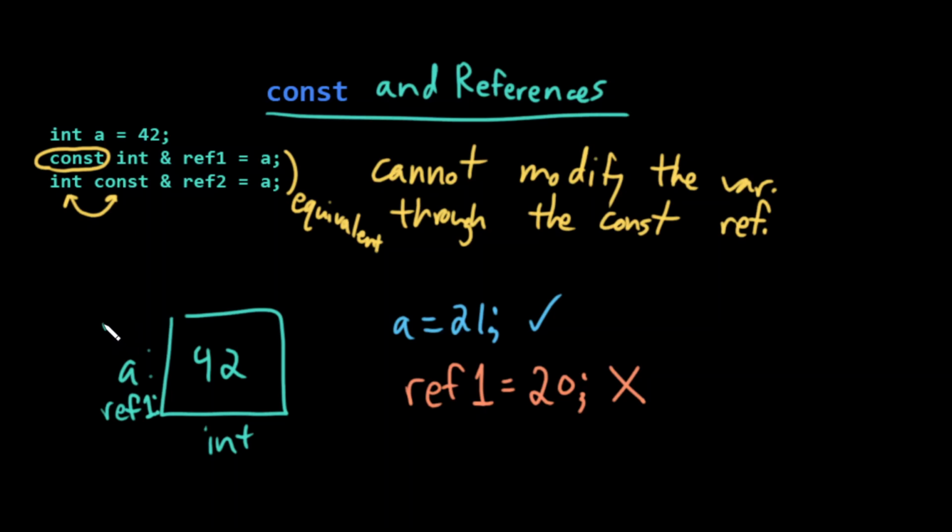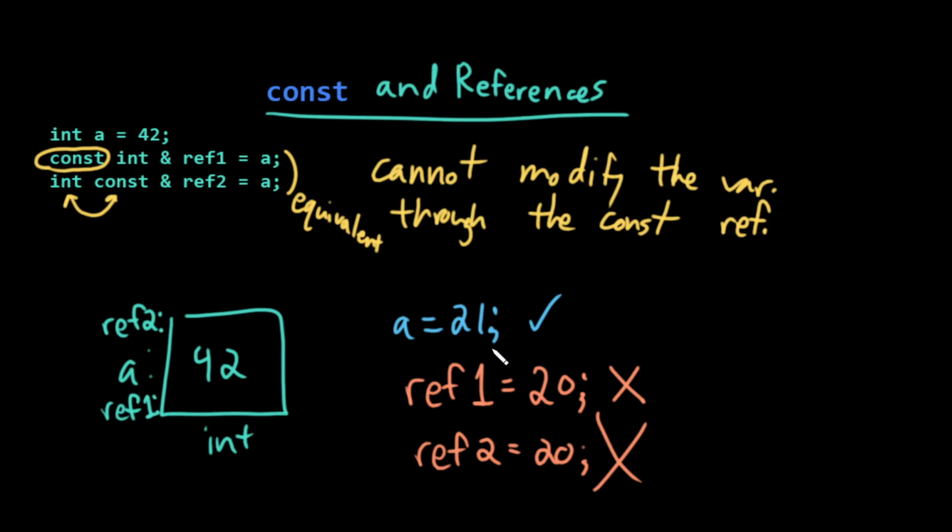So in this example, this would make even yet another name for the same exact variable. This name is ref2. And again, just like in this example, I cannot modify this variable through ref2. I can only modify it through a because a is not const.